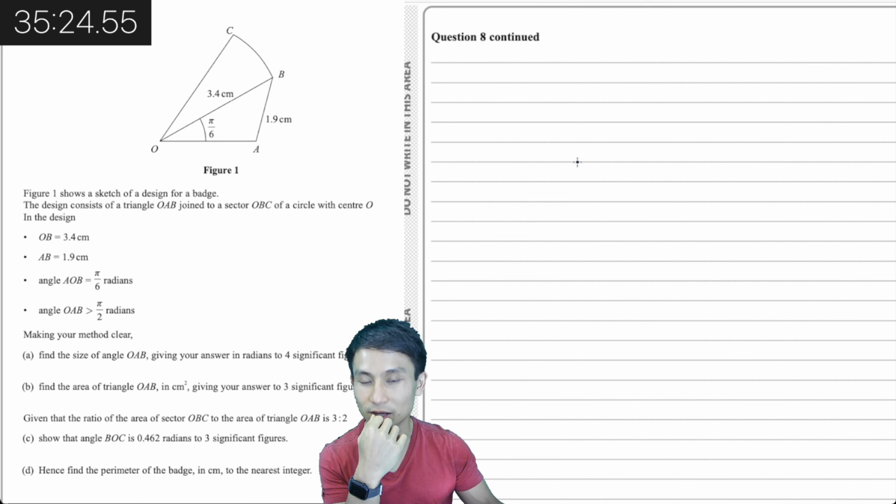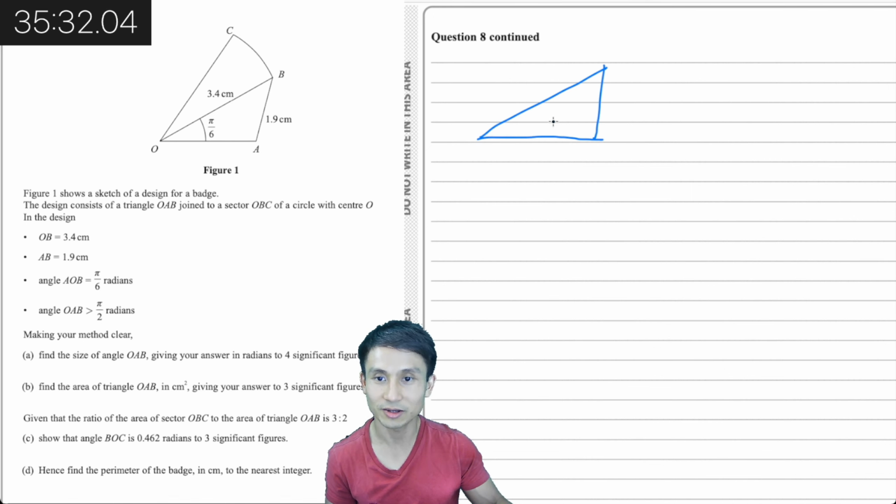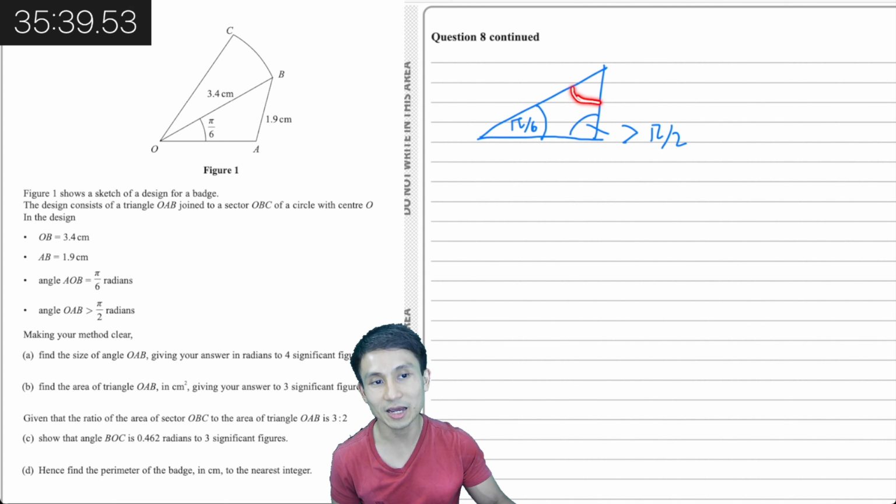OAB, all right. Okay, let's have a crack at this triangle because this is quite rare. So when this is pi over 6 and this is greater than pi over 2, that means this angle is less than... if this is pi over 2, let's say 90 degrees, and pi over 6 is the same as 30 degrees, then if we assume this is a right angle, just the critical value, this would be 60 degrees.